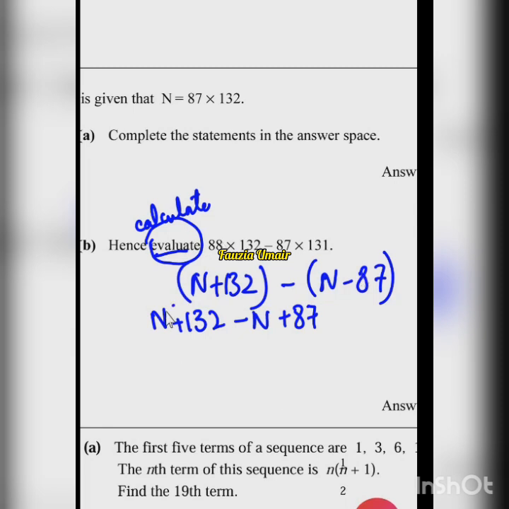So now I can cancel this n because it is a zero pair. मेरे पास बाकी क्या रह गया? 132 plus 87. So ये मेरे पास कितना आता है? 219. ठीक है. So it means अगर आप इसको कैलकुलेट करते ना इतने बड़े नंबर्स को, तो भी आपका आंसर 219 ही आता.